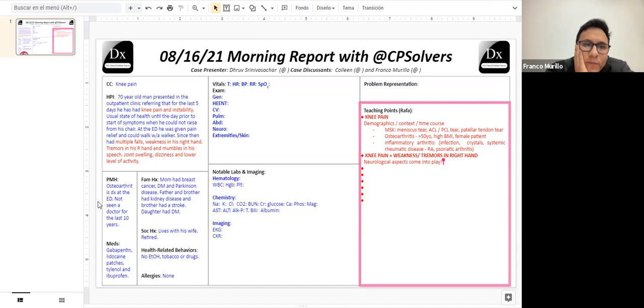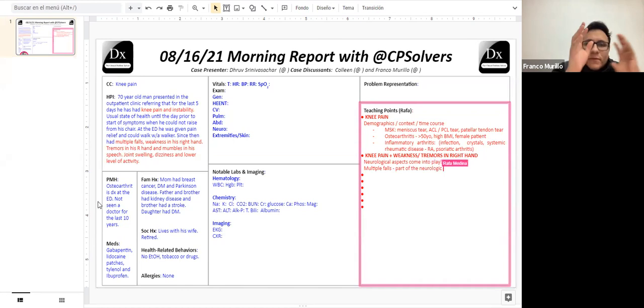Yeah, I think about the neurologic symptoms, well, multiple falls can fit into two points. He's an old guy with some chronic pain, so that could be part of the neurological symptoms, or it could be only a neuromuscular issue.